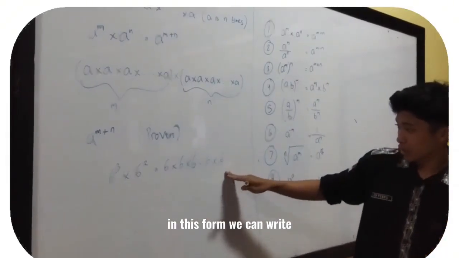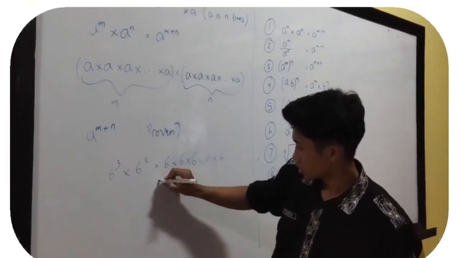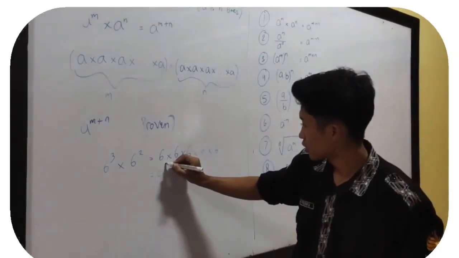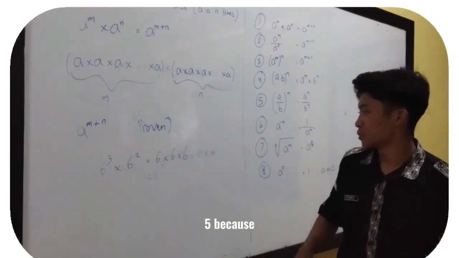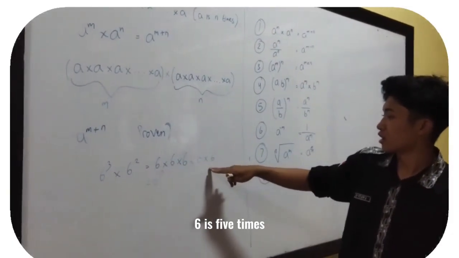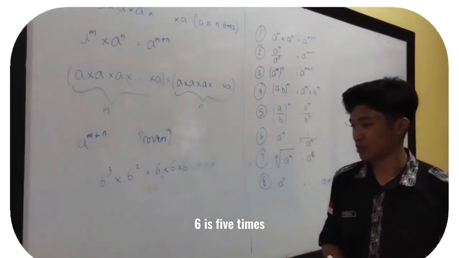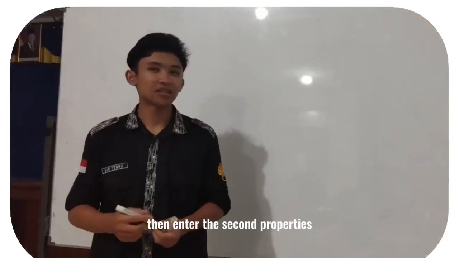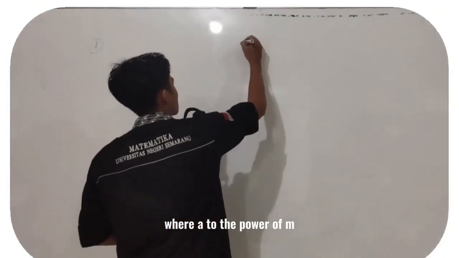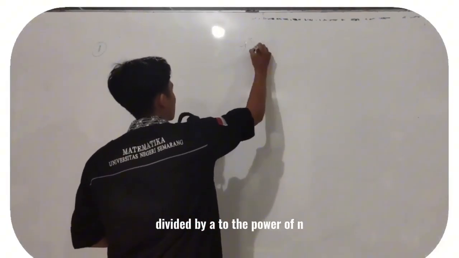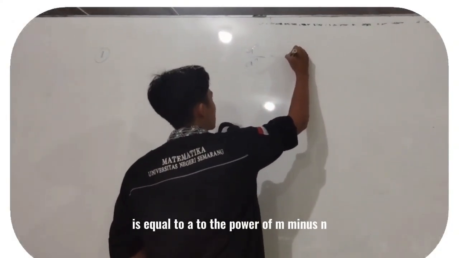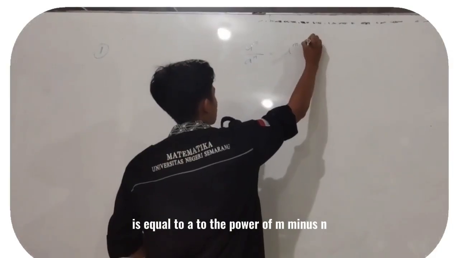In this form, we can write 6 to the power of 5, because 6 is multiplied 5 times. Then enter the second property, where a to the power of m divided by a to the power of n is equal to a to the power of m minus n.